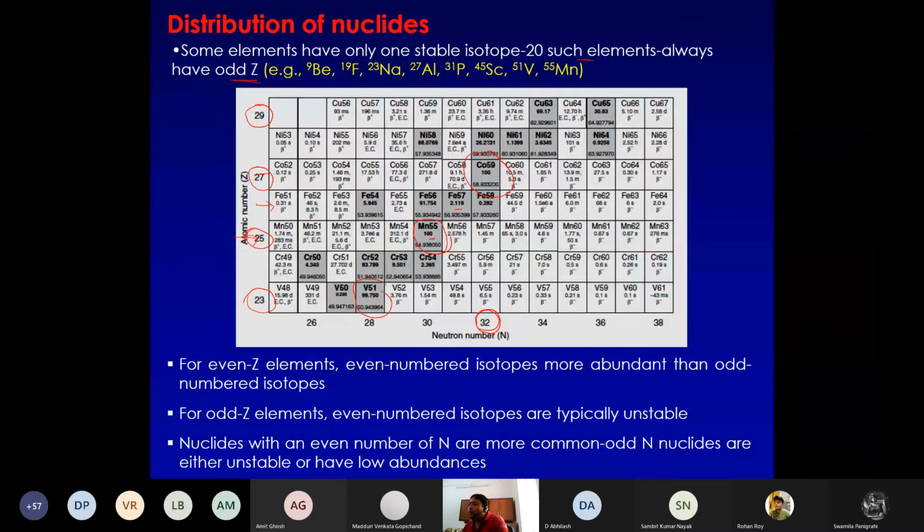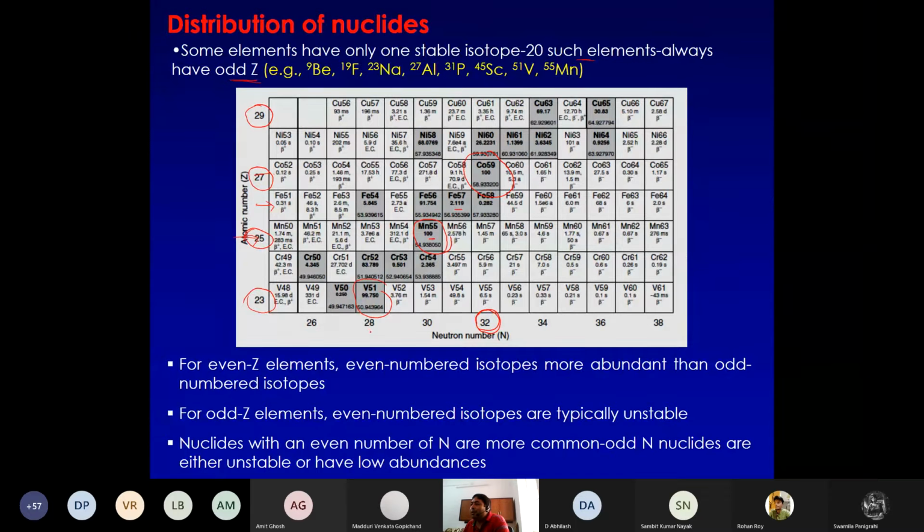Nickel 60, 26%. In comparison, if you look at iron, for example, iron has 4 isotopes: iron 54, iron 56, iron 57, and iron 58.